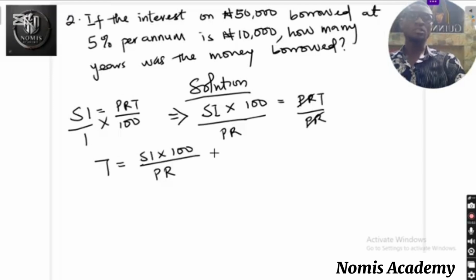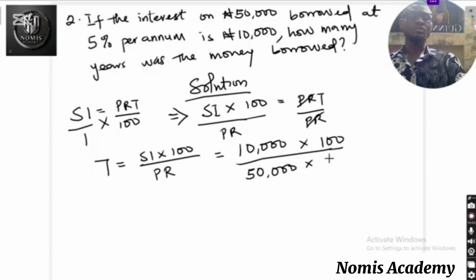So let us begin to put in the parameters. The SI, that's the simple interest, is 10,000 according to the question. So this should be 10,000 multiplied by 100, divided by PR. The principal is 50,000, multiplied by the rate, which is 5.